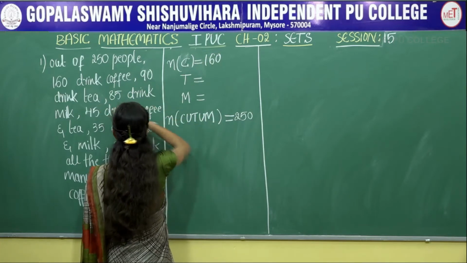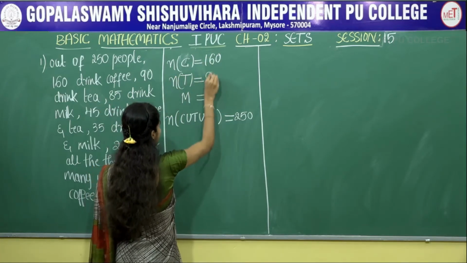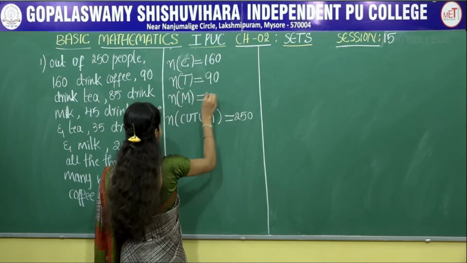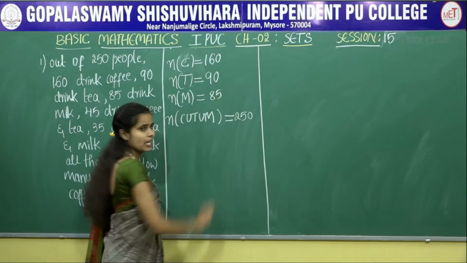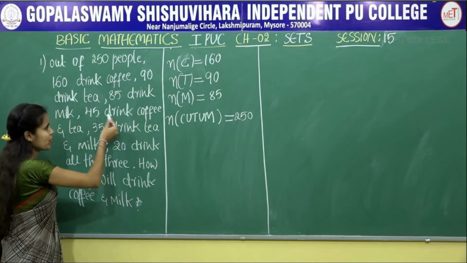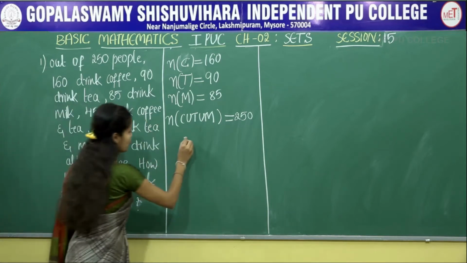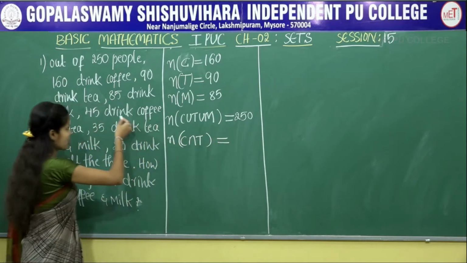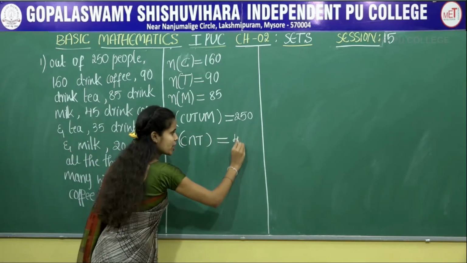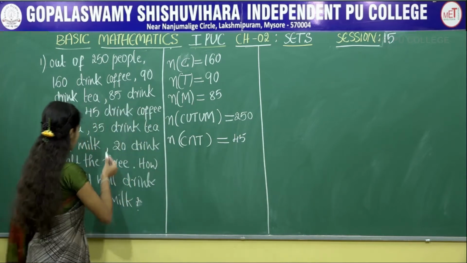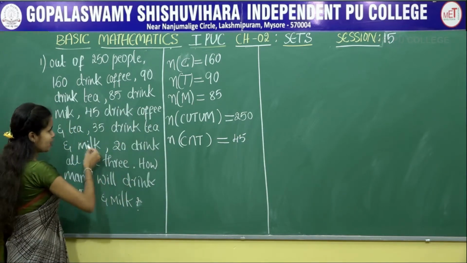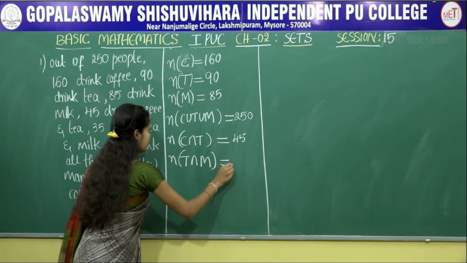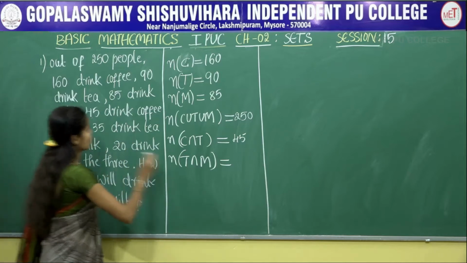Next, 90 drink tea, so N of T is equal to 90. 85 drink milk, so N of M is equal to 85. 45 drink coffee and tea, both coffee and tea, so N of C intersection T is equal to 45. 35 drink tea and milk, so N of T intersection M is equal to 35.